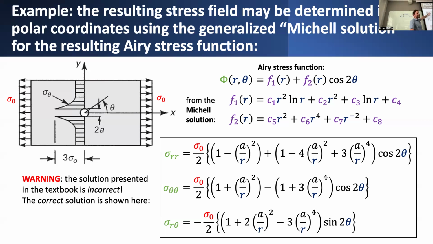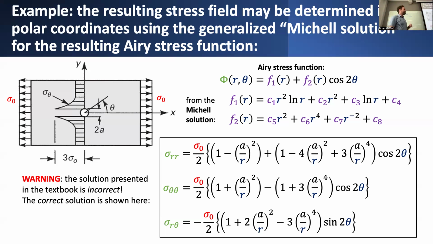If we suppose that the size of the plate is really big, what we want to know is, as r goes off to infinity, at theta equals 0, I want the axial stress to be equal to sigma naught, and there to be no shear stress on this face. Same thing on this top face: as r goes off to infinity, but at theta equals pi over 2, I want to have 0 stress on that top face.